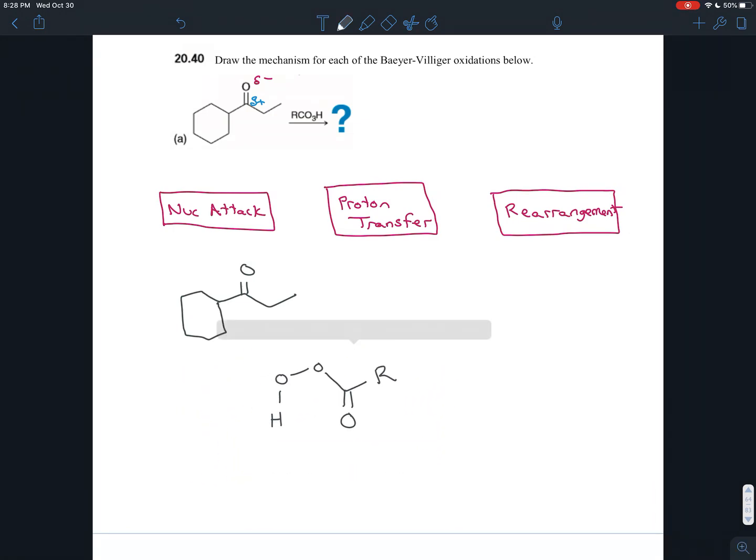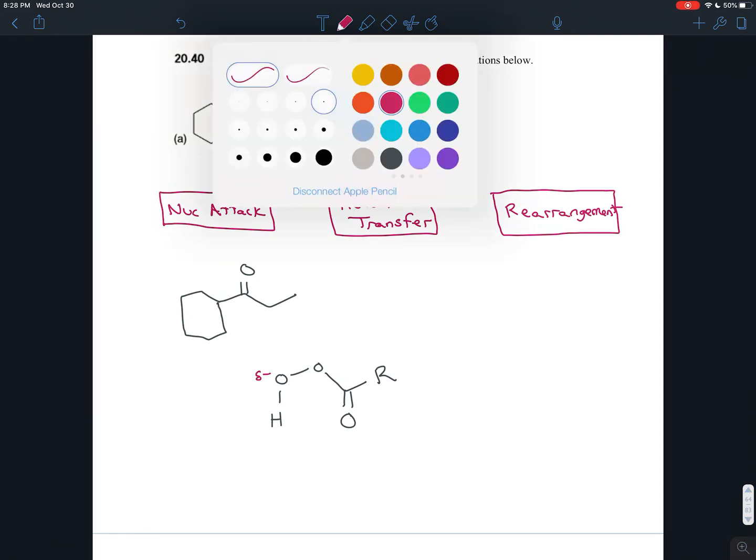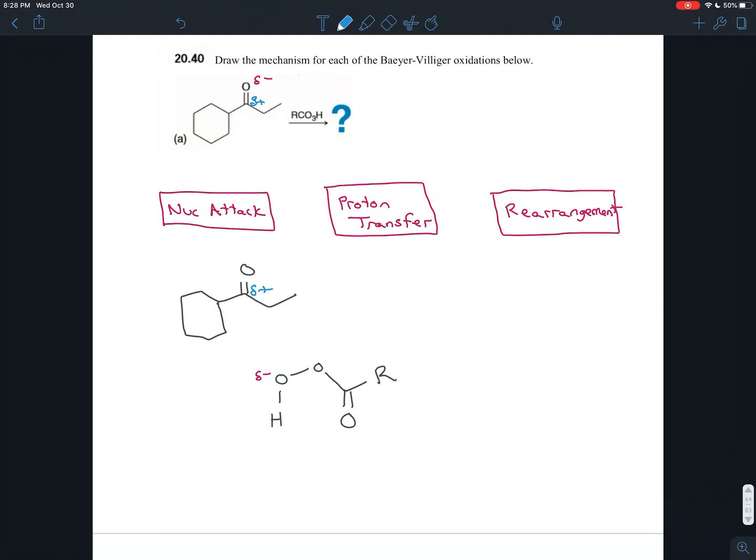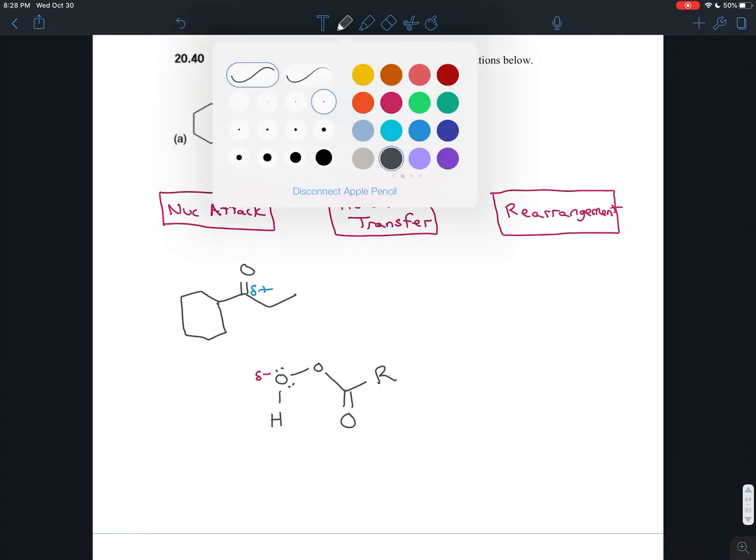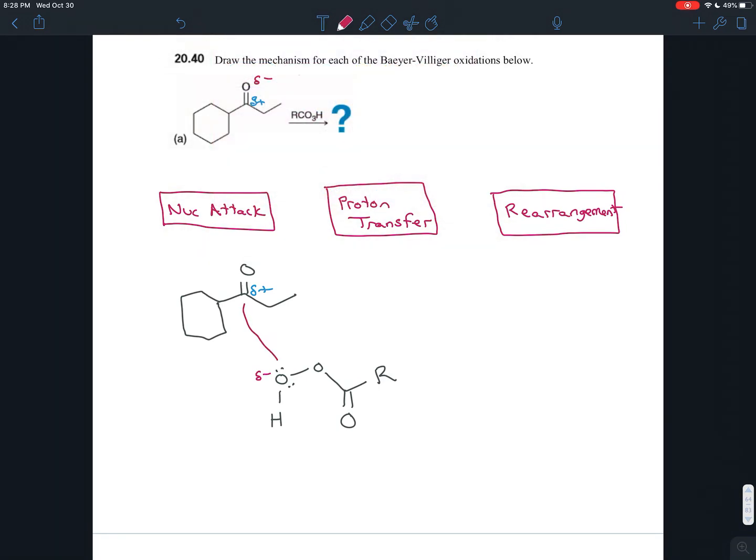So in this mechanism, the oxygen is slightly negative. These oxygens are slightly negative. And of course the carbonyl carbon is slightly positive. And so one of the oxygens can attack the carbonyl carbon. So that should look really familiar.